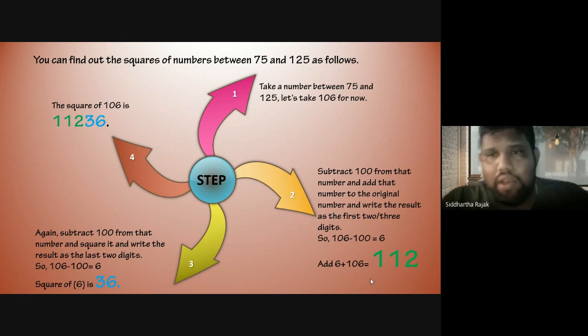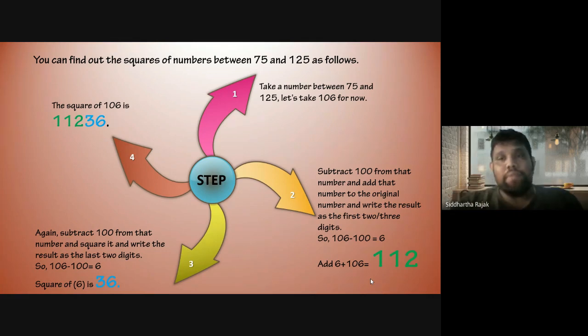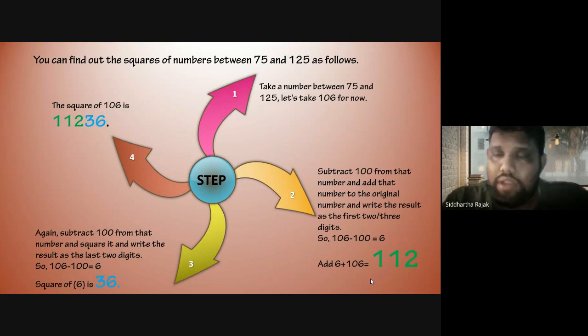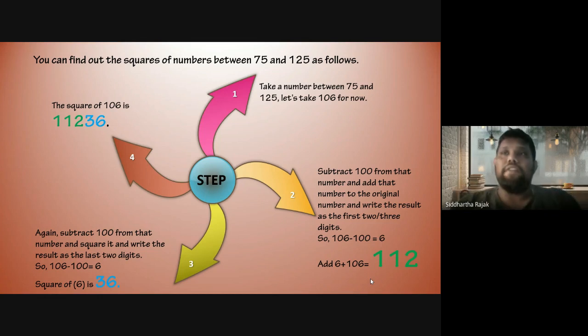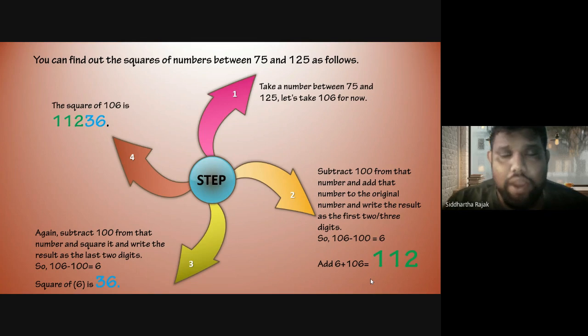So 106 was our original number. It was 6 more than 100, so we added 6. If we took the number 95, it is 5 less than 100, so we would have subtracted 5 from 95, which would be 90. So likewise, we will be able to find out the square of numbers between 75 and 125. Okay, so this is the technique to find the square of numbers between 75 and 125.